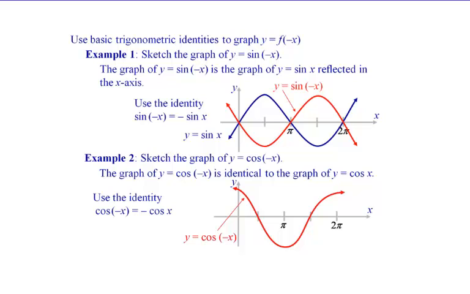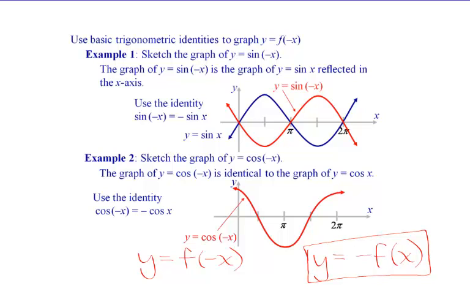So just like we did before, when we talked about what happens to the graph of a parent function if we feed it a negative input value, and or if we place a negative out front. This, in essence, was a reflection over the x-axis, because all positive output values became negative, and all negative output values became positive.